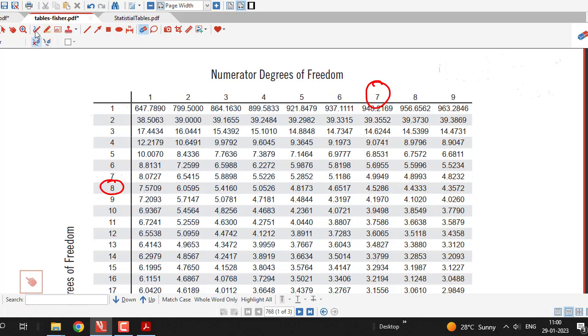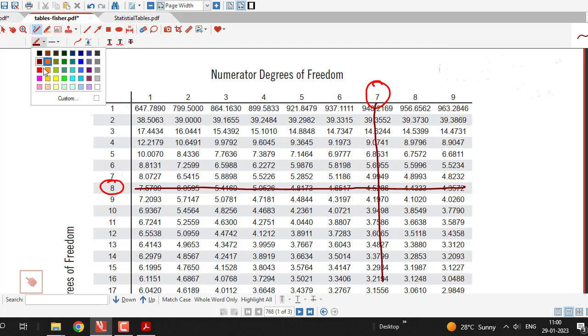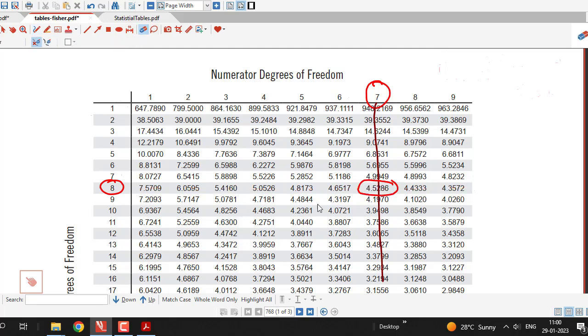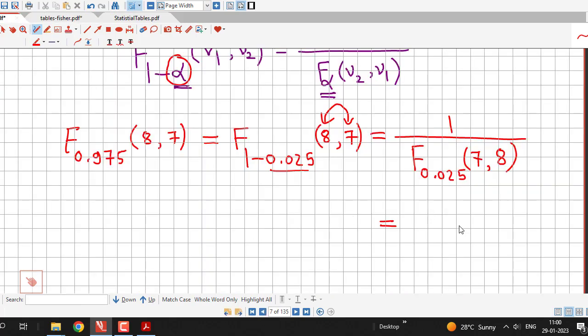I have to take the intersecting point of the line corresponding to nu2 equal to 8 and the line corresponding to nu1 equal to 7, and the intersecting point is this point. So now I remove these two and I find that my critical value is 4.5286, and if I write up to 2 decimal places it is 4.53. So here I have 1 divided by 4.53.